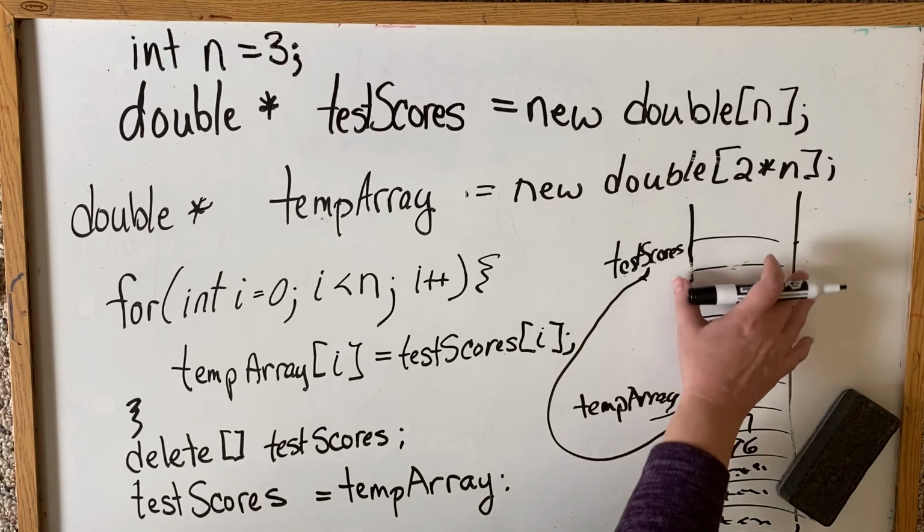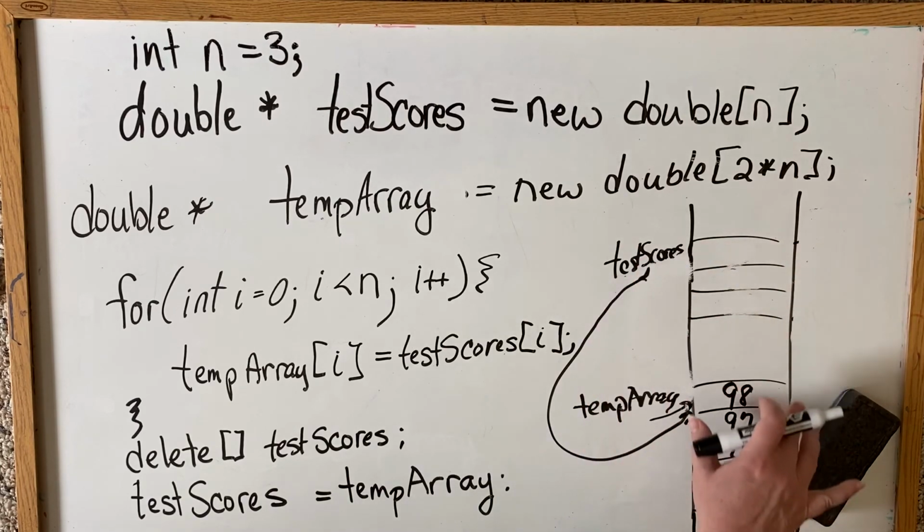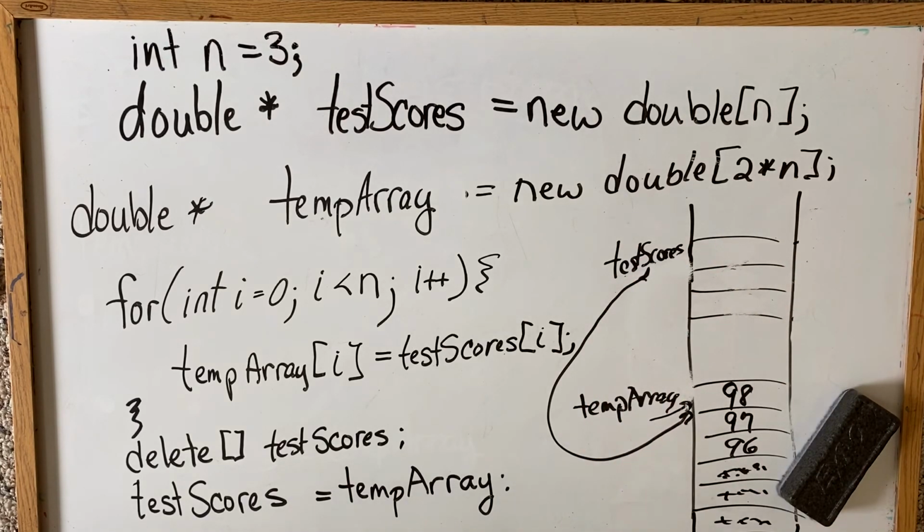So now we've released the memory, and test scores is now pointing to this chunk, and we can move forward as if we hadn't duplicated the array at all. Now remember, I did say that you don't want to leave the pointer hanging, pointing to something that's not allocated, and then we assigned it to null pointer. We don't have to worry about that in this case because we've actually moved that pointer to point to something that is allocated, which is our temp array.